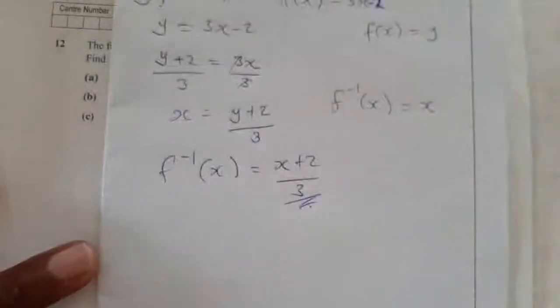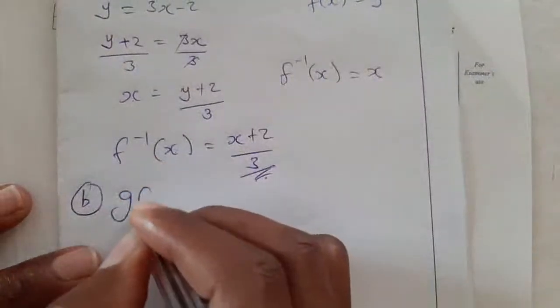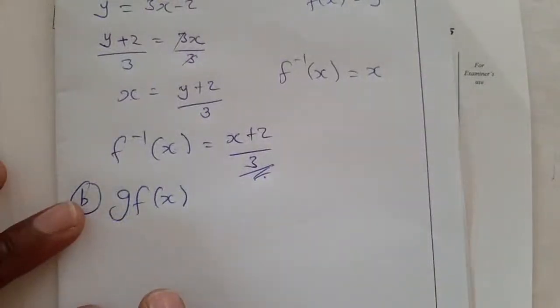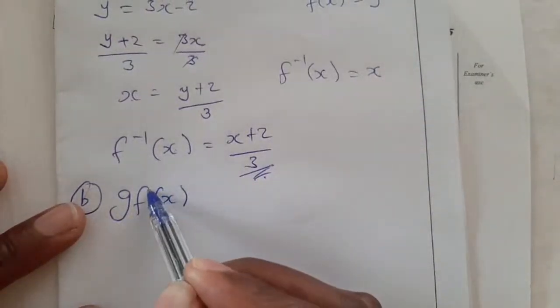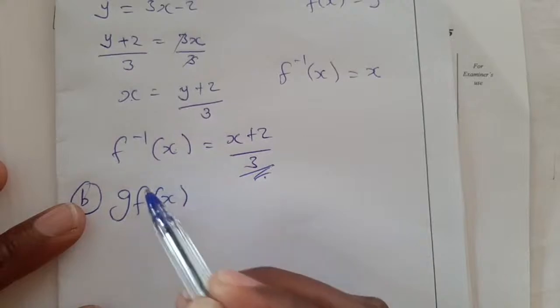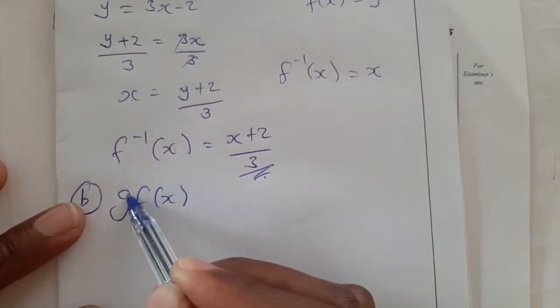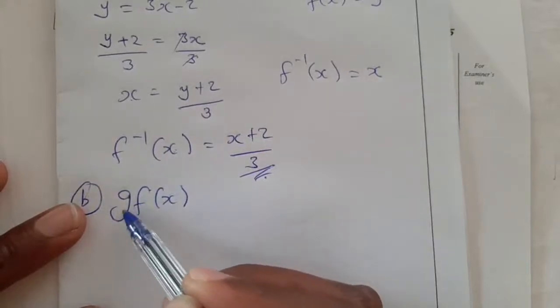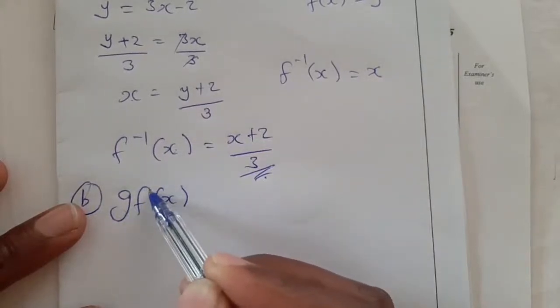We go to B. B is saying find gf of x, the composite. This is a combination of two functions. Now, you have to remember that the function which is coming second is the input for g, meaning it has to be put into the function of g. This is the main function, g. F is the input.